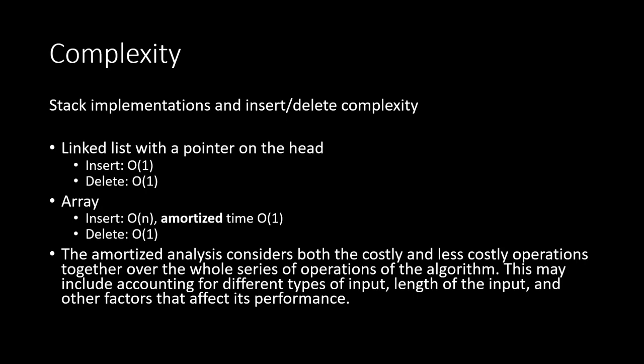So what is amortized time? Let's try to understand that. It is one of the terms used in measuring complexity. Over time the realization was that we should not depend on just one operation to measure the complexity.